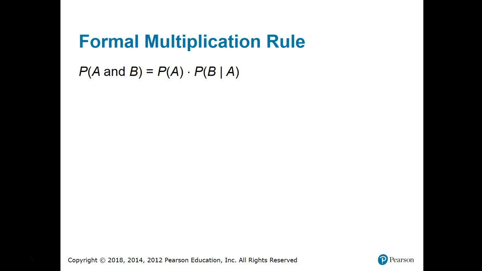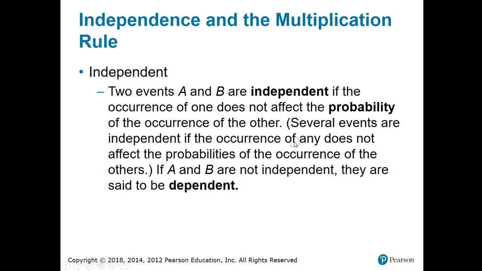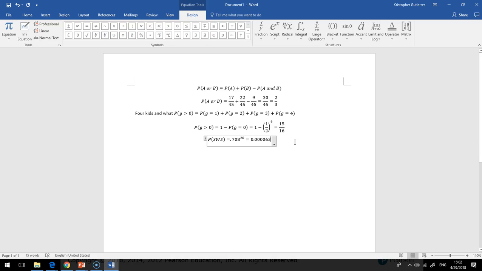Probability of B given A is equal to the probability of A and B over the probability of A, which they show on the next slide. They don't show it on the next slide. I'll type it out. I can do that. All right, so in addition to that rule that they just gave you, you can also have the probability of B given A is equal to the probability of A and B divided by the probability of A. There we go.